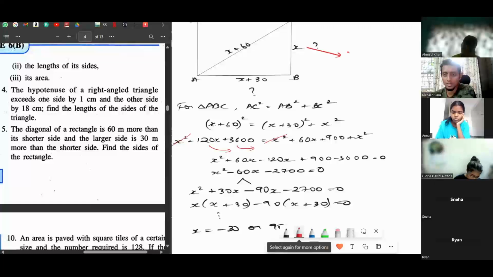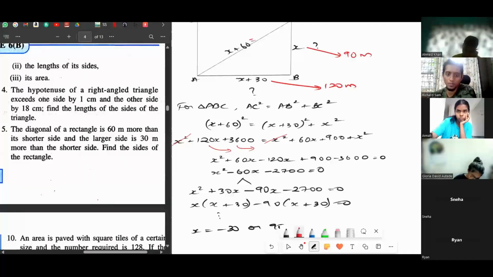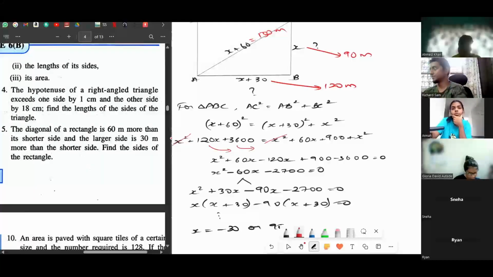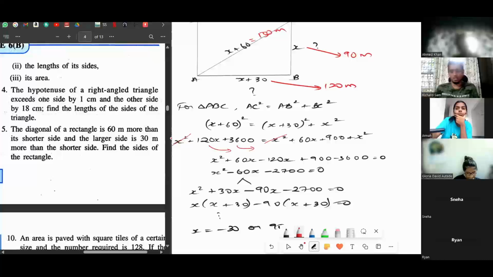X is 90 meters, and the other side, x plus 30, is 120 meters. And the diagonal would be 150 meters. They didn't ask the diagonal. They just asked the sides of the rectangle. So you just have to write 90 and 120. That's your answer. Clear, everyone?